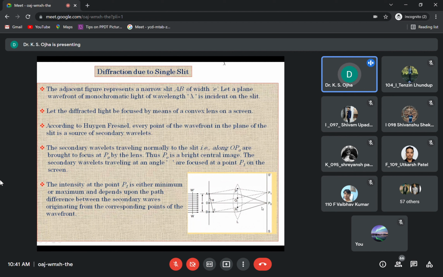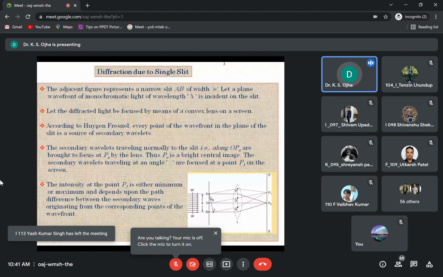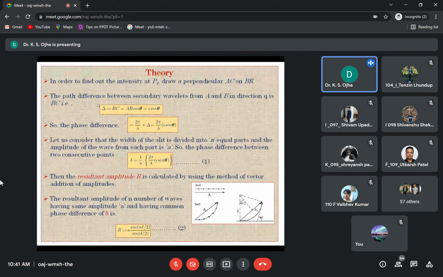Whatever we have explained, I have mentioned here, and I have already sent this note to you. Okay. Here, what is the theory? We have drawn the perpendicular AC on this side BR to find the path difference. So the path difference delta will be equal to AB sin theta.